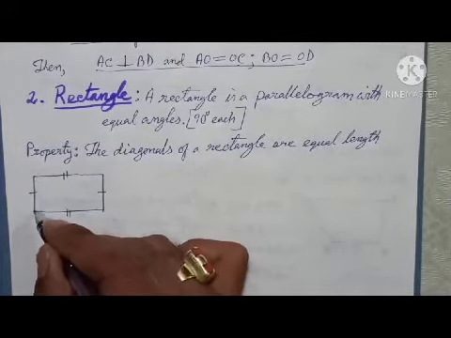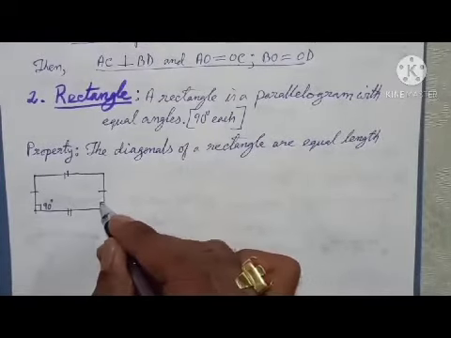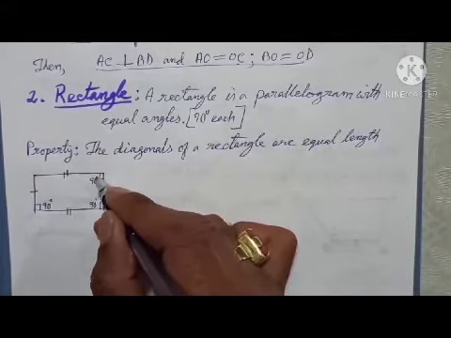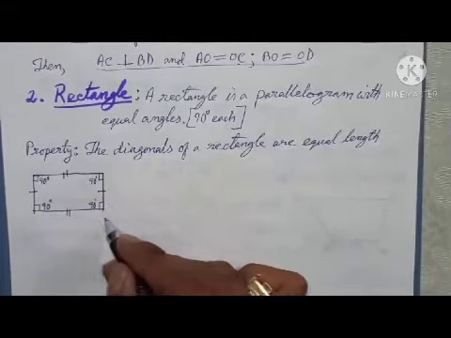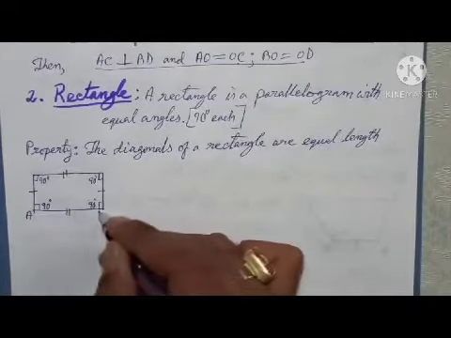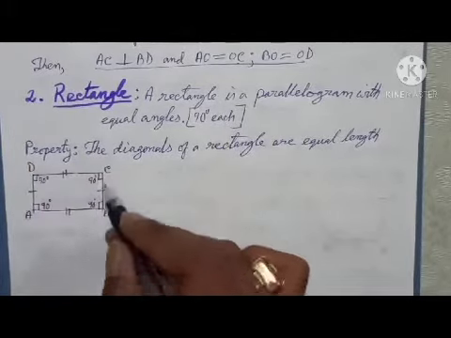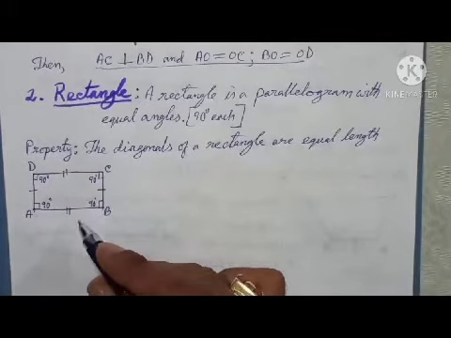And here, if this angle is 90 degree, this also 90, this also 90, and this also 90, then the figure I'm drawing is called a rectangle. Let's name this ABCD. So ABCD is a parallelogram as well as a rectangle.